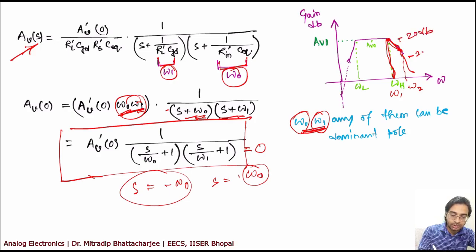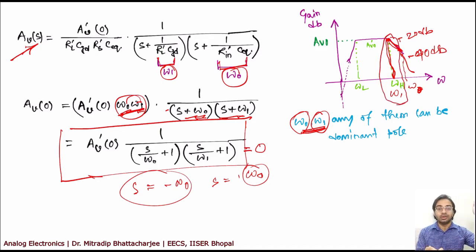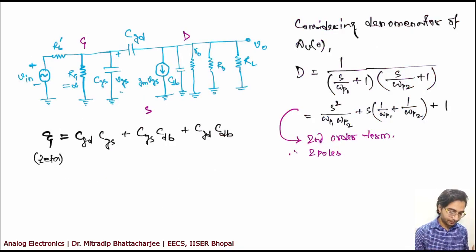So this will be minus 20 dB, and then at omega 2 or omega 0, whatever this is, minus 40 dB. So in this case your omega 1 will become the dominant pole. Now which one will be dominant depends on this RL' CGD value or Rin' CEQ value. You choose those values wisely to make any one of them the dominant pole.